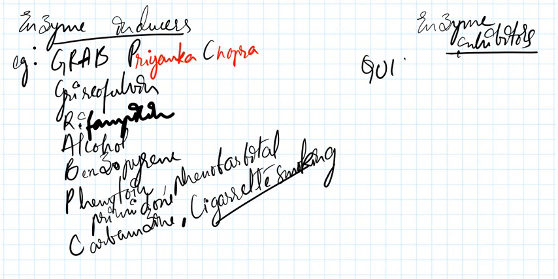Quick veg dish. This is the mnemonic. Remember, you went to a hotel and you quickly ordered a vegetarian dish. What is that quick vegetarian dish? Quinidine.